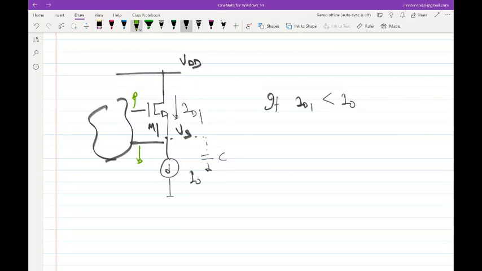If an input voltage decreases, output voltage increases, what kind of simplistic thing can you think of? What about a 180-degree phase shift amplifier, in the context of this course?